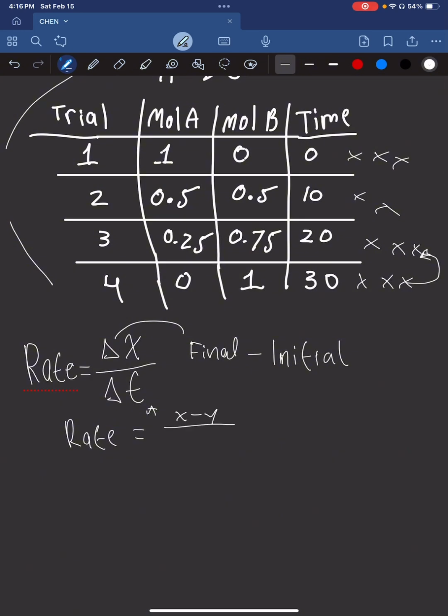And let's say in this reaction, I picked a time of 20 and subtracted it by 30. And this number would end up being our delta time, right? And we'd end up having a negative 10 for this value. And that is wrong because we can't have a negative value for time, because time is a positive number. It only goes forward.